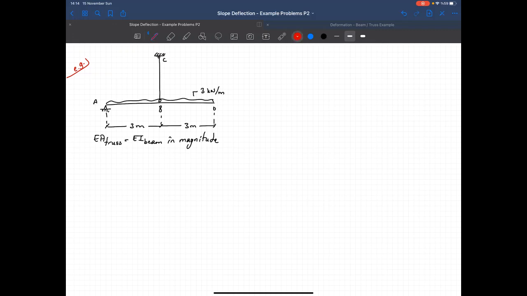Now we will do discretization first, as we always do. So let's divide the structure into nodes and members. So these are the nodes.